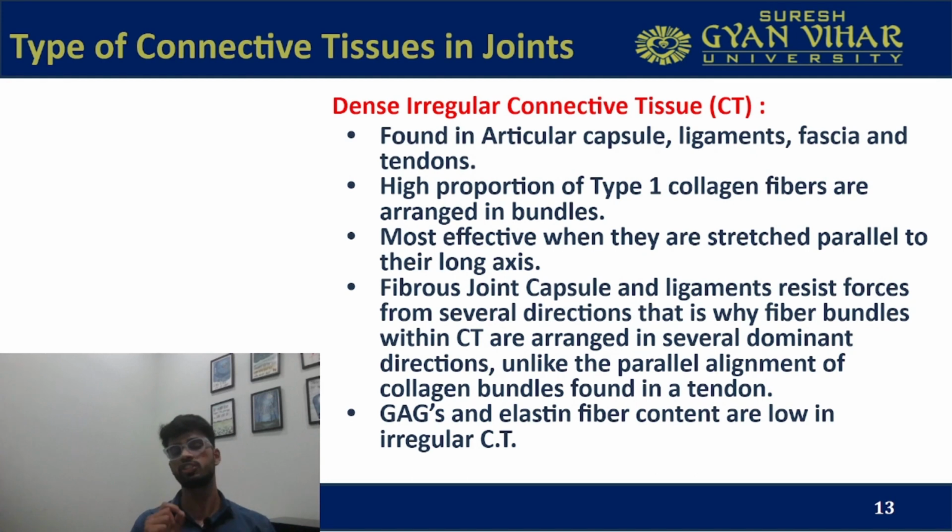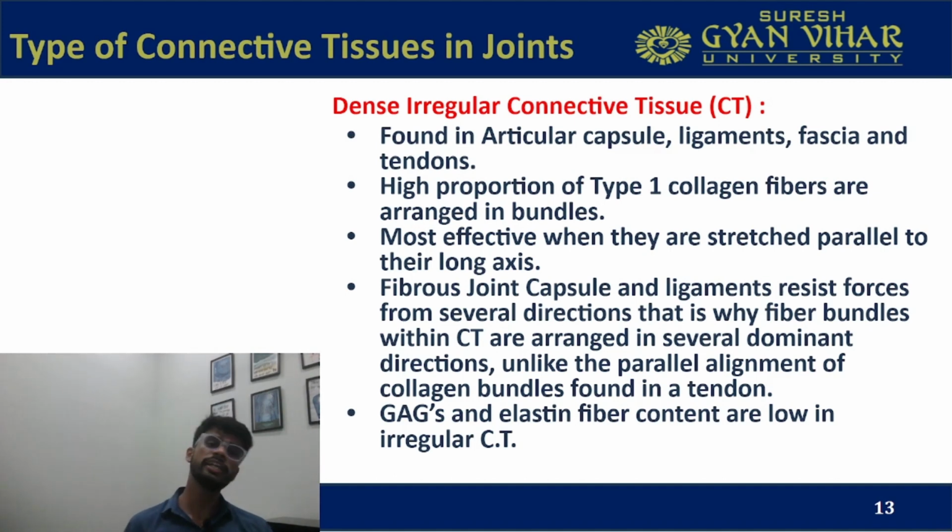But if this changes, then the problem arises and they will not be able to provide stability. So if asked what is the best tissue to resist multi-directional force, the answer will be the ligaments, fascia, and articular capsules, because here the arrangement of the fibers is very irregular.